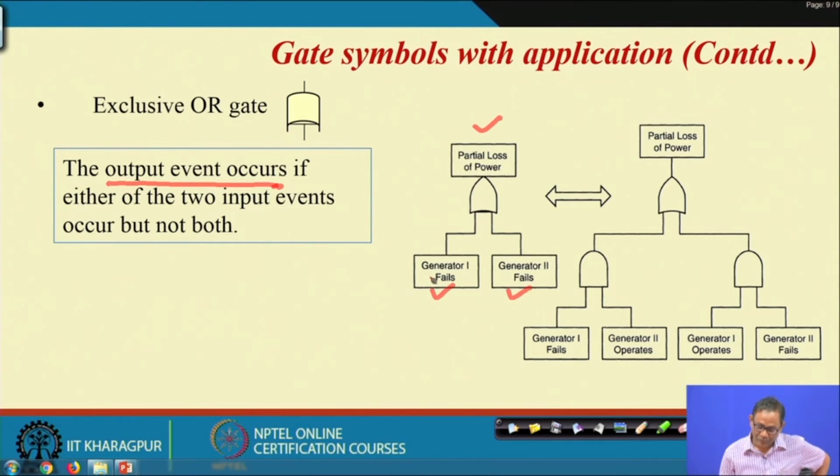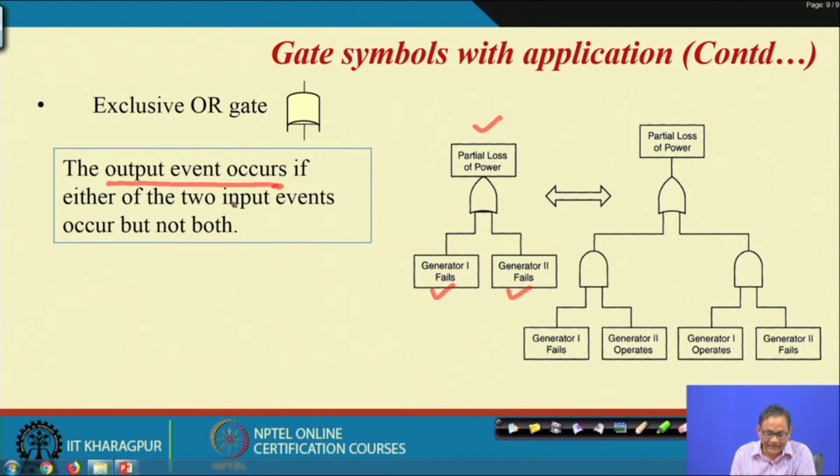Both generator 1 and generator 2 should operate to have full power. If both generators fail, that will be full loss of power. Partial loss of power is a situation when any one of the generators works. You can extend to more inputs, but here it is for two inputs.